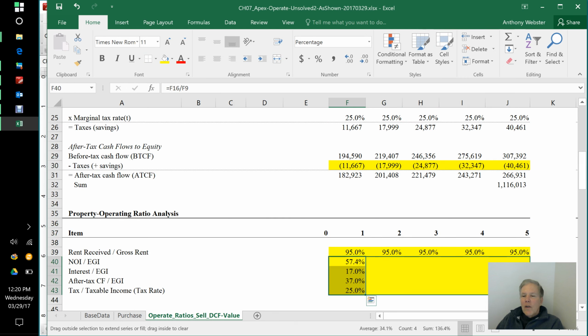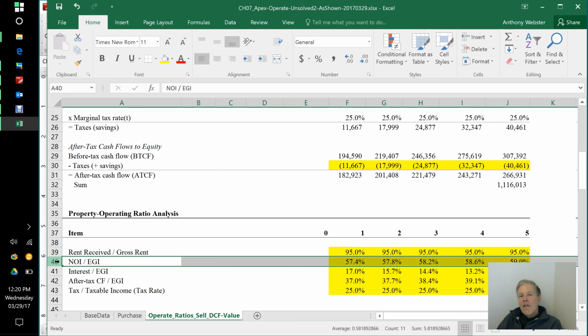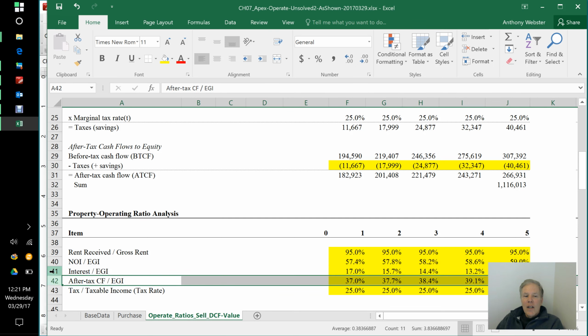I can drag them all over, which I do right there, and because they have rents growing at 8% and operating expenses growing at 7%, I do expect my NOI over EGI ratio to be growing, which it is. My interest over EGI I expect to be declining, right? Because of what's going on with the interest and the EGI.